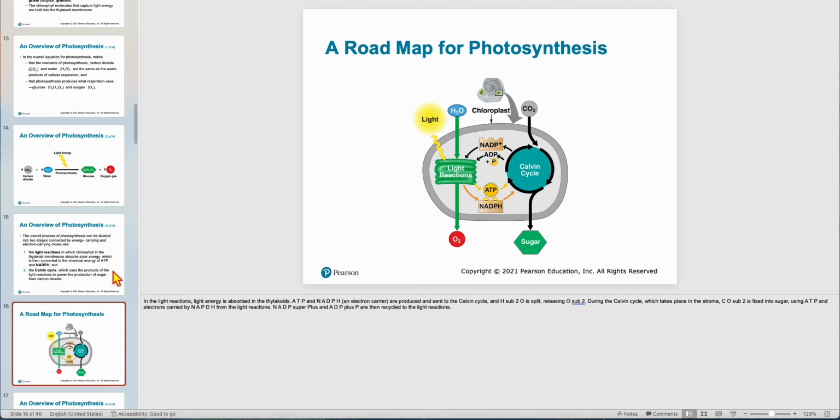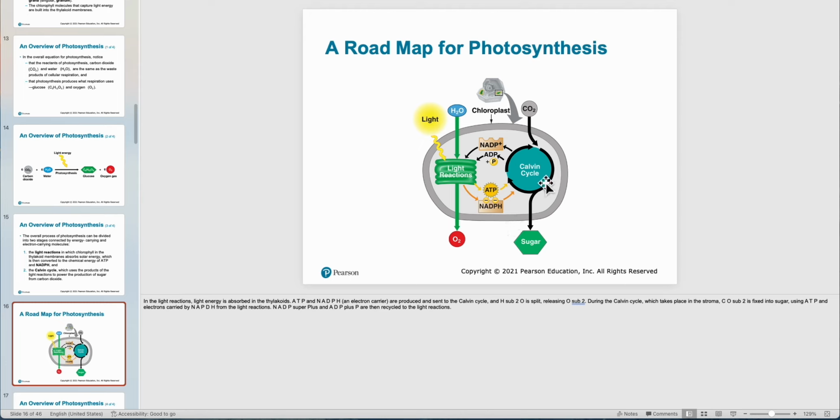Okay, so now let's go to the next slide. So again, don't forget, looking at this slide lets us know that light comes in. That light energy is used to break water. The oxygen from water is what we breathe. And the electrons that we broke apart from water are going to be used to run the light reaction, make ATP, and store the electrons in NADPH.